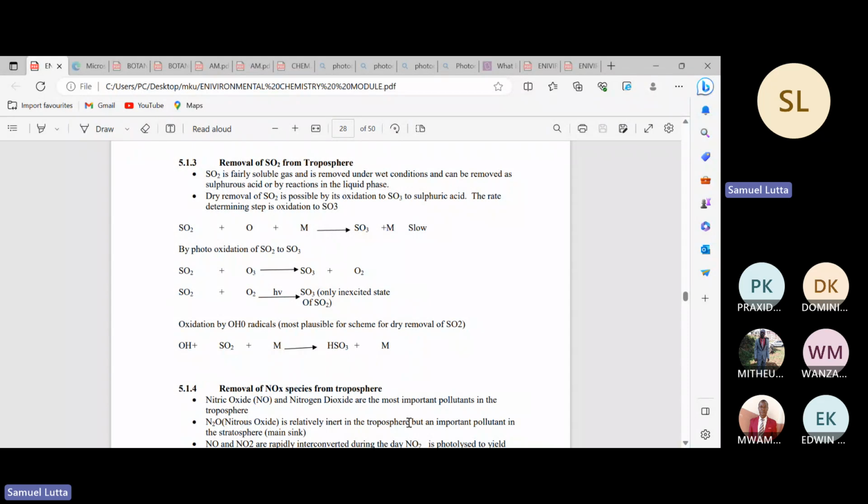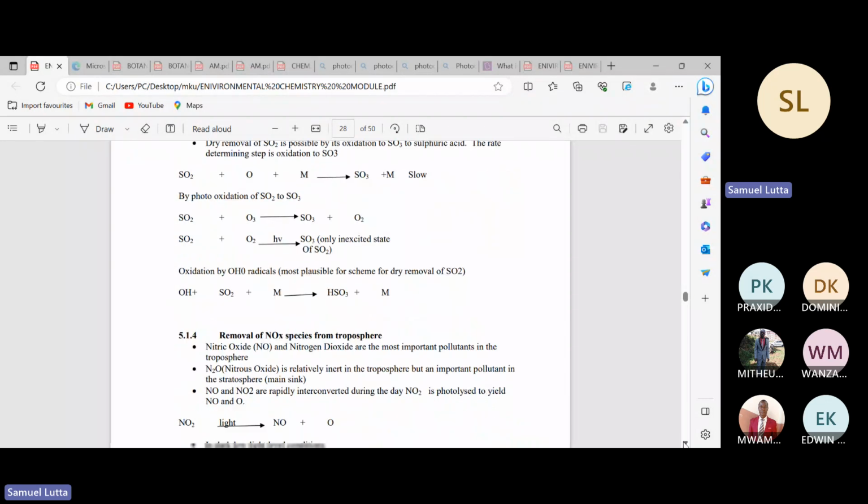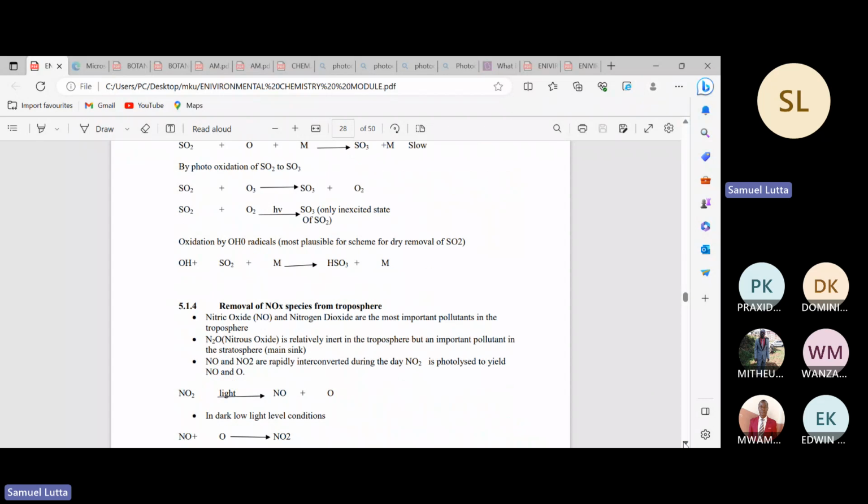So we can have it being converted to various forms. And what we appreciate here is that whatever we are forming here will be soluble in water. So when you have water in the atmosphere, it can dissolve the same, and the same can fall as acid rain. So we talk about acid rain.